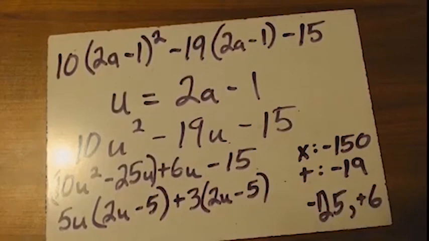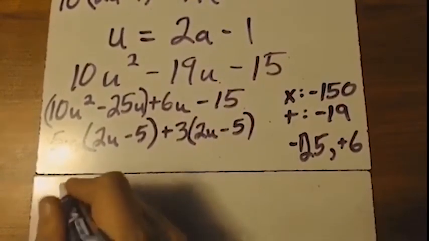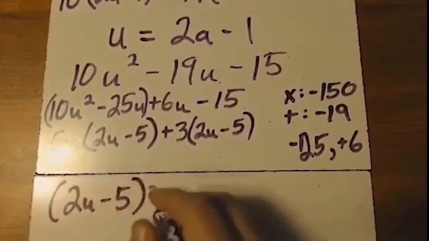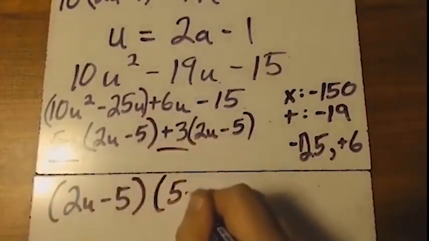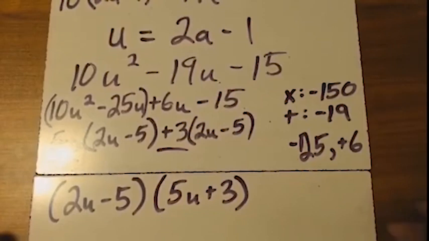Where do we go from here? Well, that 2u minus 5 is common to both. So we factor out the 2u minus 5. We're left with 5u plus 3. Now, are we done at that point?